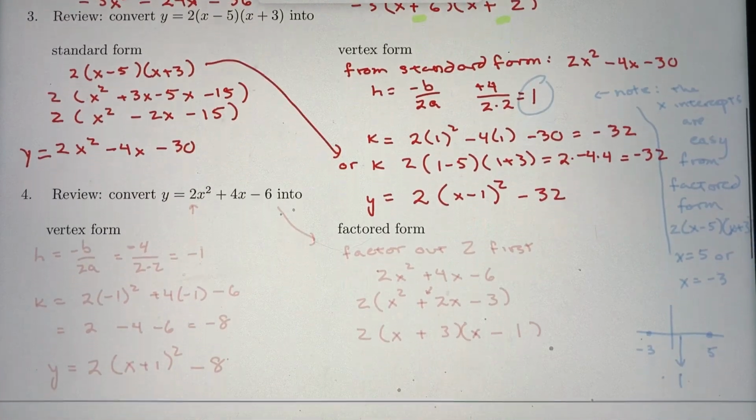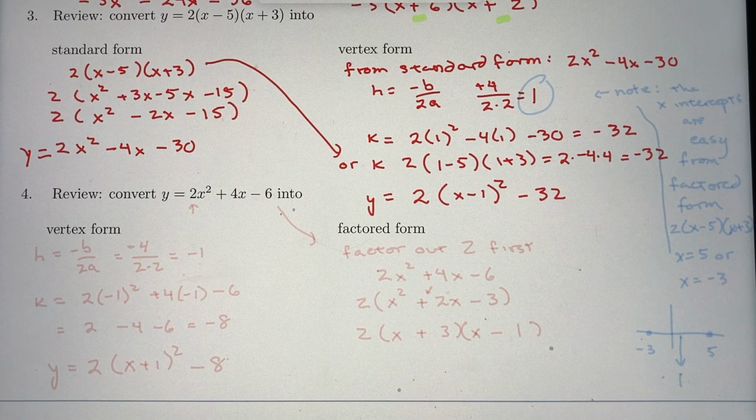Right, so to convert standard form into vertex form, once again, this time it's negative 1. And then k is plug in.